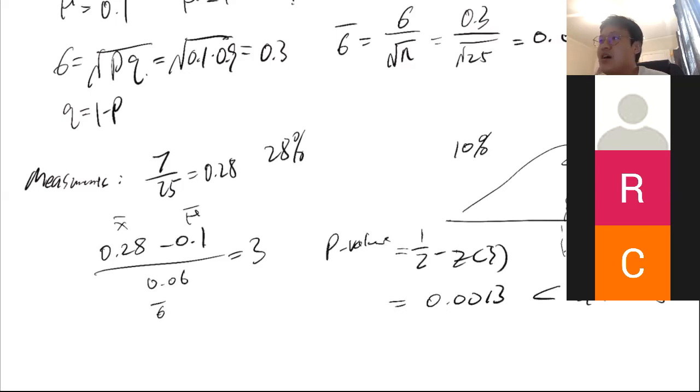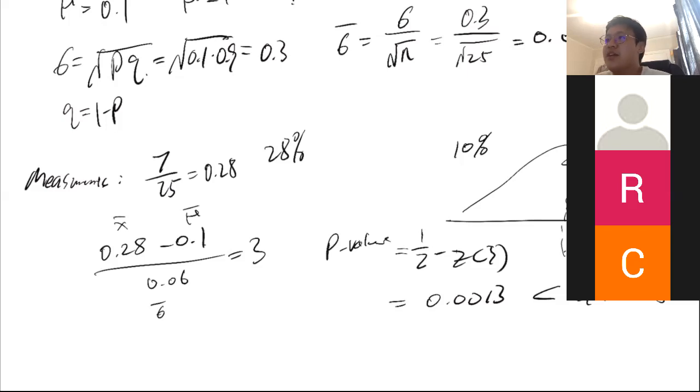So that means the calculation we got is significant enough for us to conclude that the drug has an effect. Originally, if you don't use any drug, only 10% of people actually have the effect. But after using the drug, 28% of people have the effect. So the 28% is significant enough compared to the 10%.